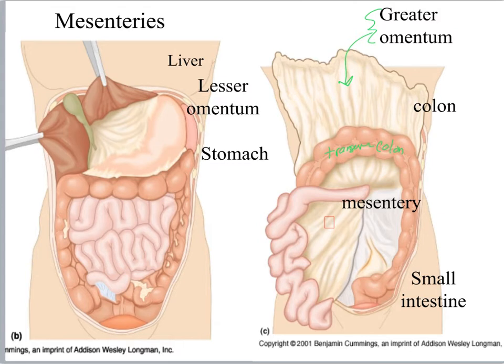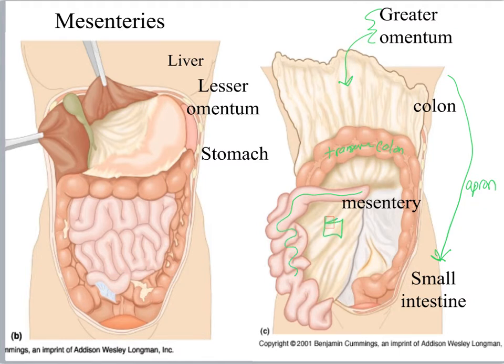And that's about where your transverse colon is located. The greater omentum wraps over the top of your transverse colon and then flaps down over all of your intestines like an apron. Okay, so it's covering the whole outside. That's the greater omentum.